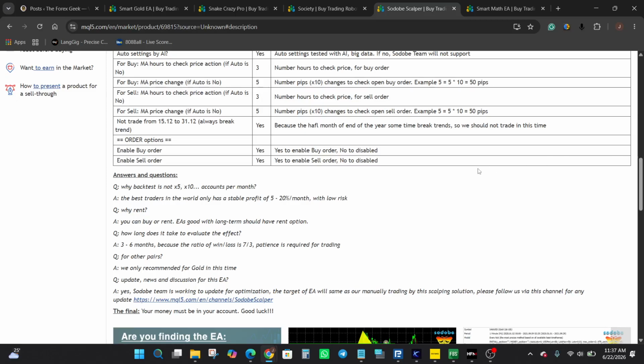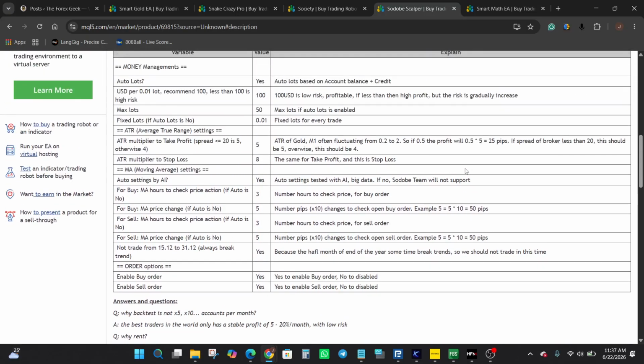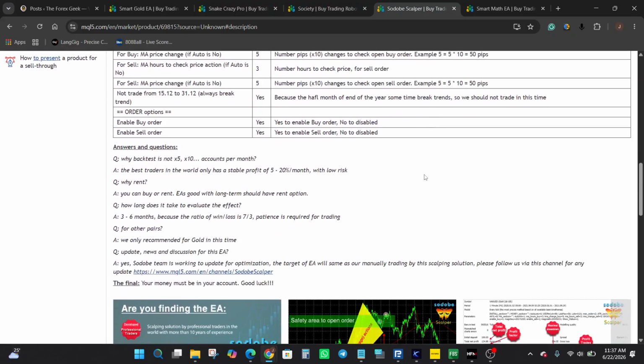Now, before moving into the backtesting section, the recommended setup includes gold, XAU USD on the M1 time frame, leverage of 1 to 100, minimum deposit of $100, automatic lot sizing enabled, and broker spreads preferably below 20 points, with lower spreads being preferred. So we're just going to move over to the historical testing results right now.